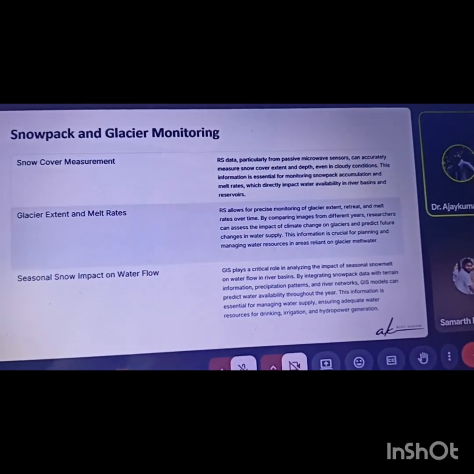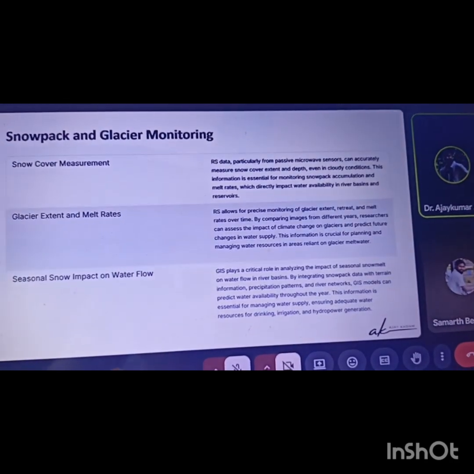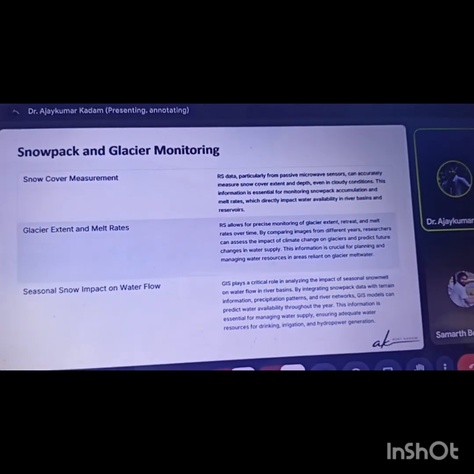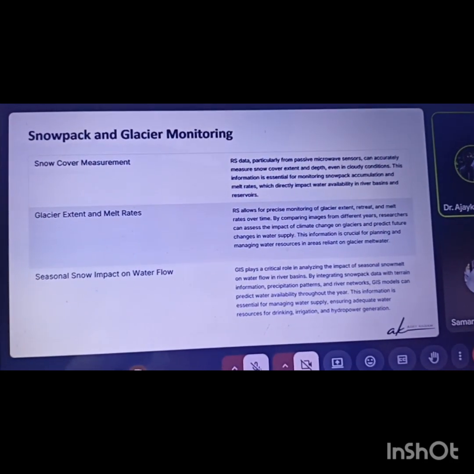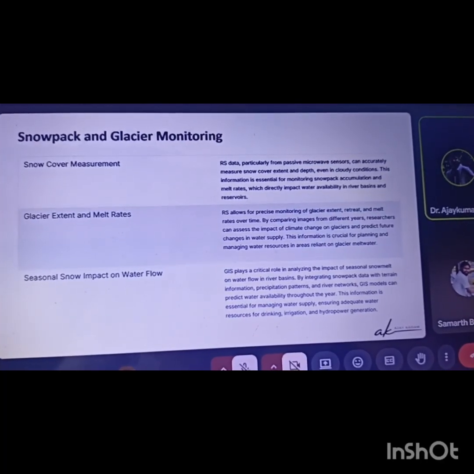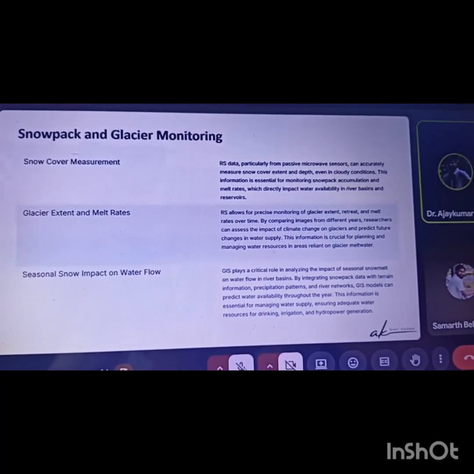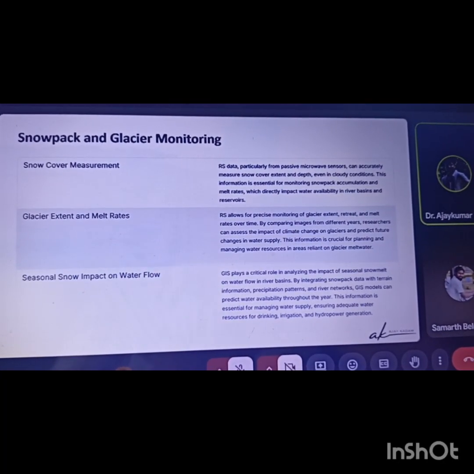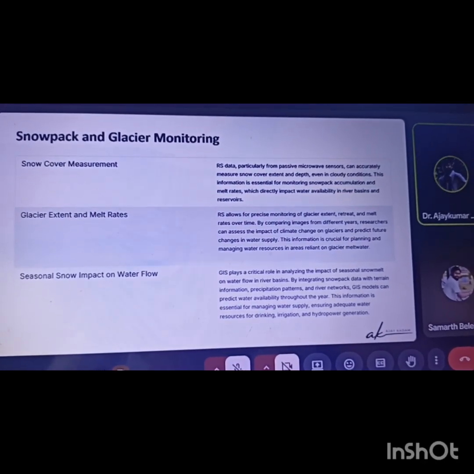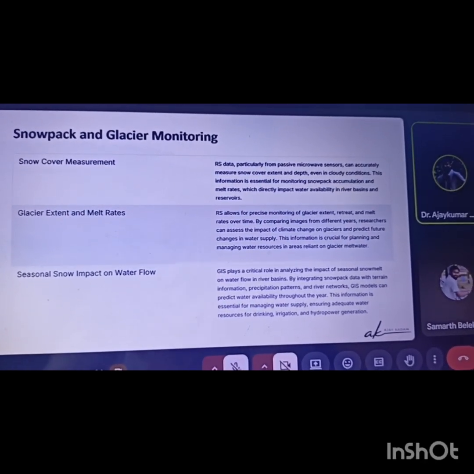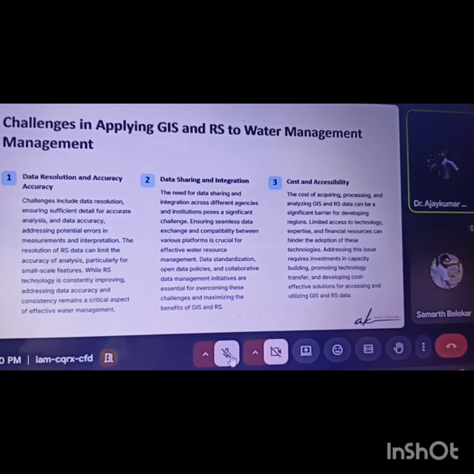So we learn how flows will happen, and we get perennial water flows in that area. That can be easily identified, and based on that we get information about how we can use the water flow to ensure adequate water for drinking, irrigation, and hydropower projects in that area.